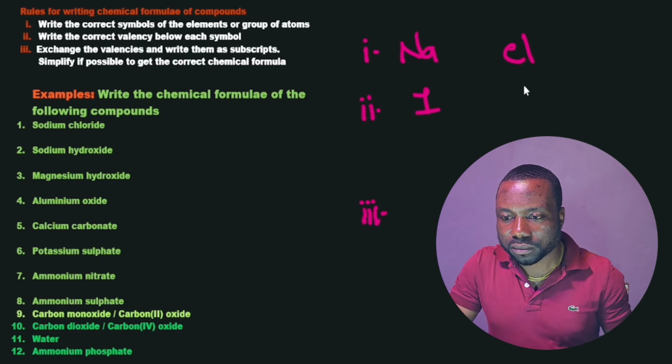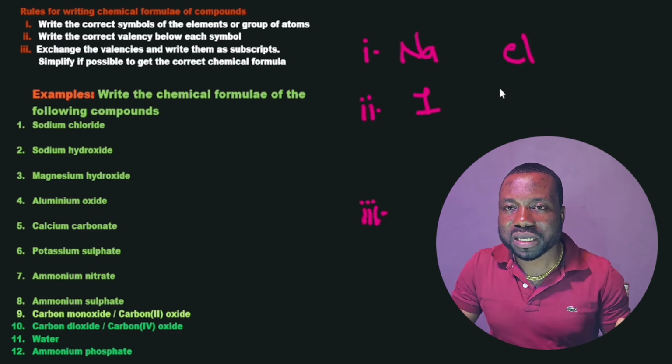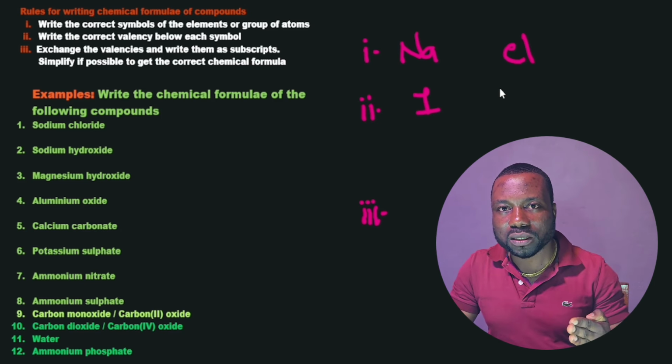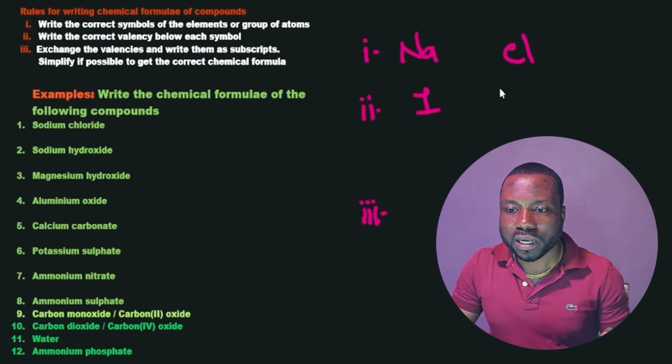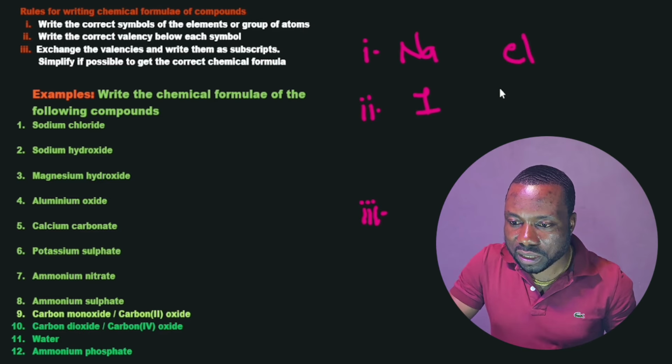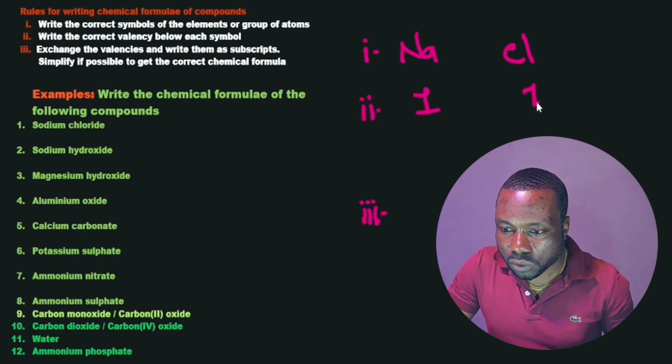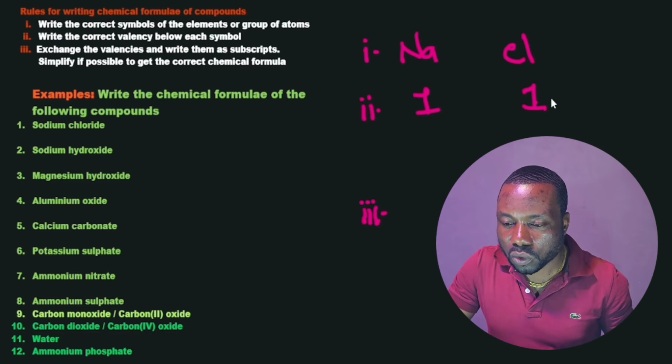That of chlorine, if you do the same thing, you are going to realize that cold is at number 17. Now, if you count 1, 0, 1, 2, 3, 4, 3, 2, 1, 0, 1, 2, 3, right up to number 17, you are going to end at 1. So the valency of chlorine is also 1.